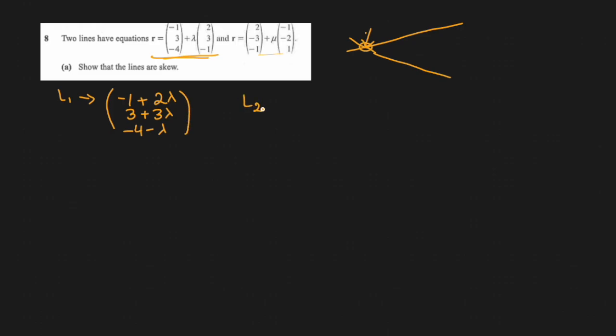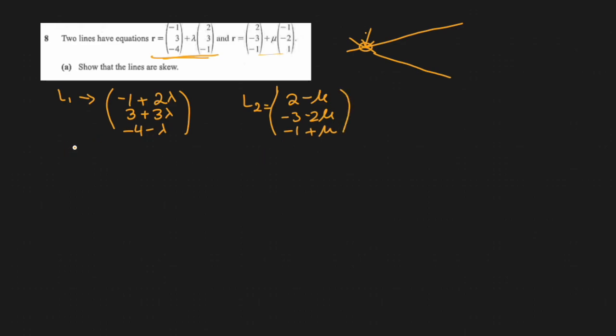In L2, the same point, if they are intersecting, what will be the point? 2 minus mu, minus 3 minus 2 mu, minus 1 plus mu.